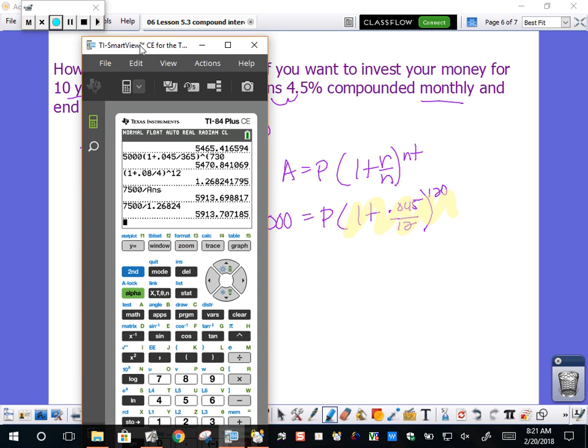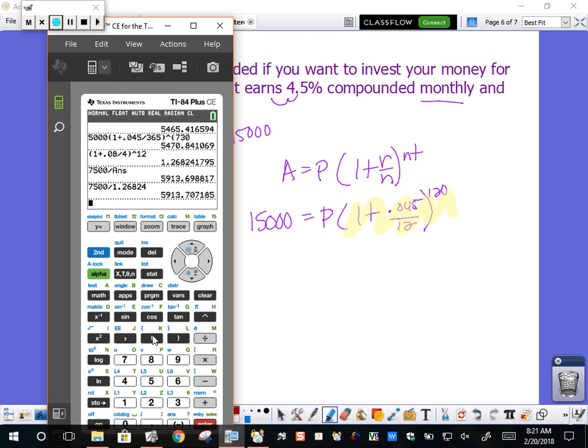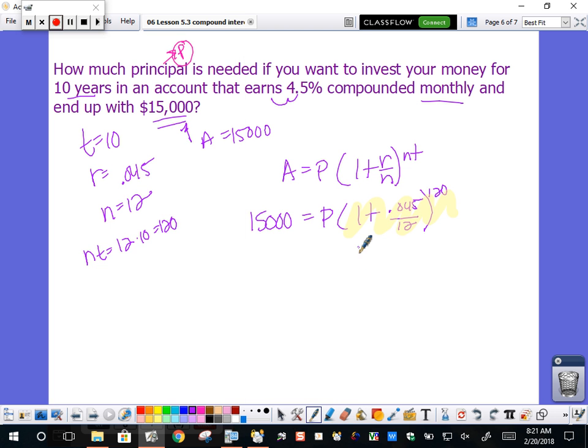Okay, so I'm going to type in parentheses 1 plus 0.045 divided by 12, parentheses, to the power of 120. Okay, so this part over here is 1.56699.